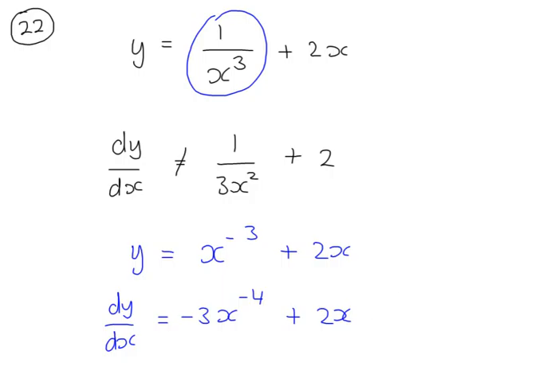And if you want to, you can rewrite this as minus 3 over x to the power of 4, plus 2. X shouldn't be there, my mistake.